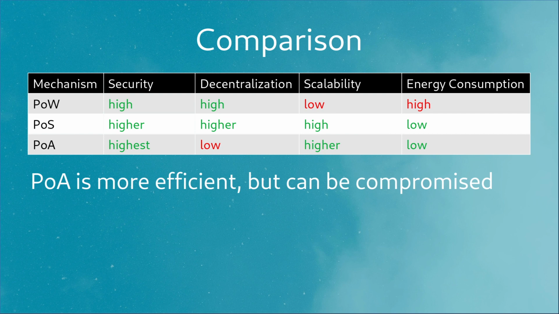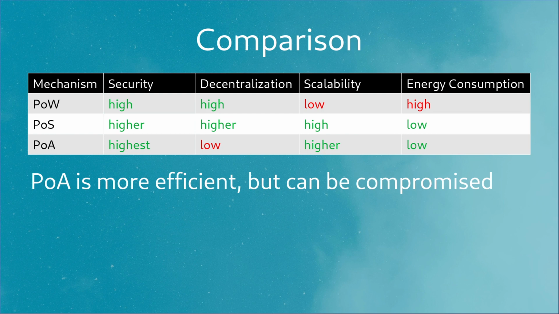If we define security as, if the majority of the validators is trustworthy, how hard is it to add a bad block to the blockchain? Then with a proof of work blockchain, this is difficult because you will need to buy a lot of compute power, so the security is high.